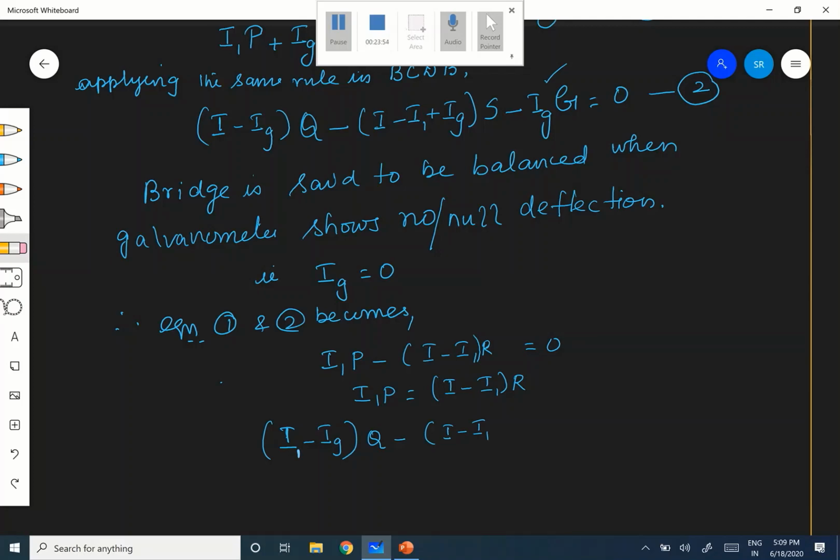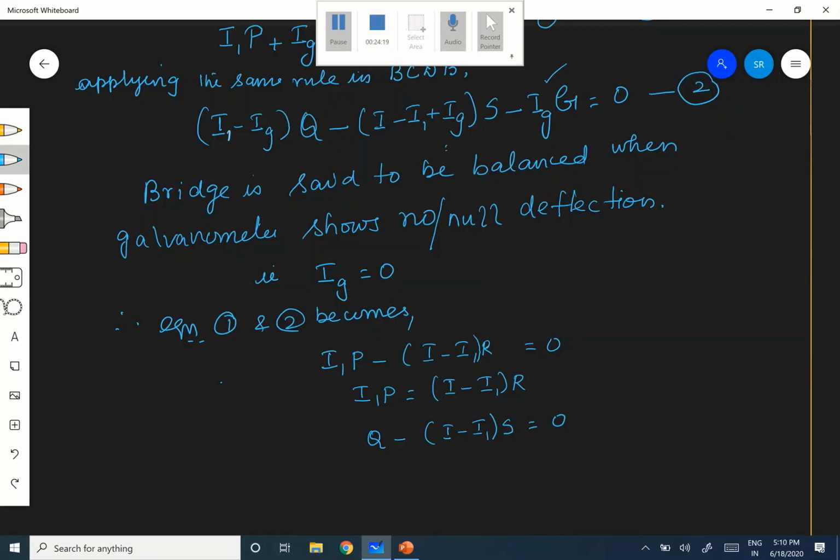Because IG becomes 0, the G term will also go.